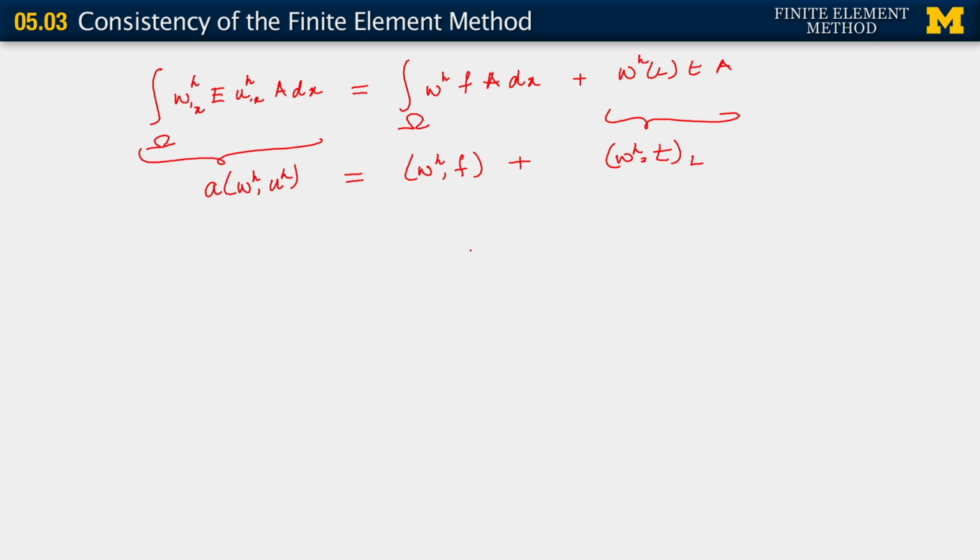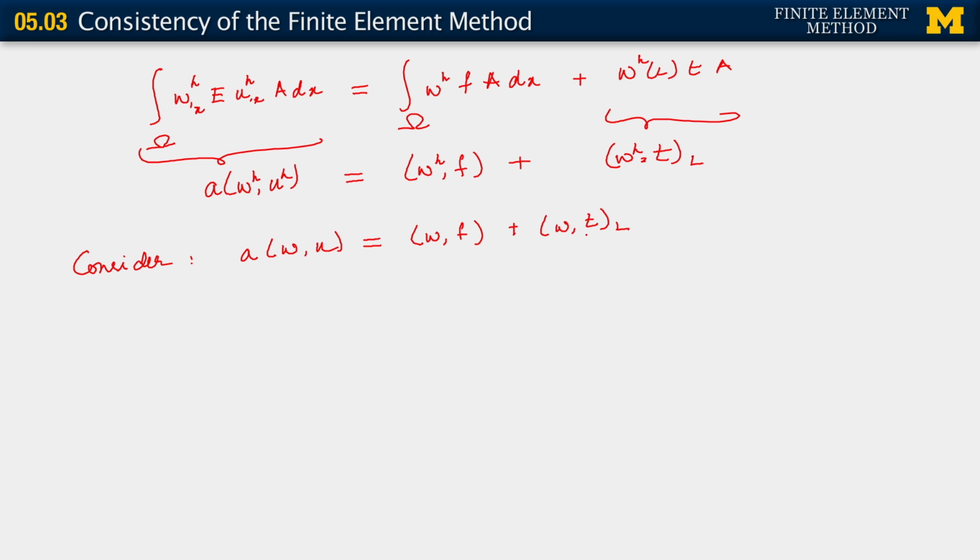Now, let's do the following. Let's look at the abstract weak form in the infinite dimensional case. Consider a of w comma u equals w comma f plus w comma t at L. So this is the abstract form of the infinite dimensional weak form.